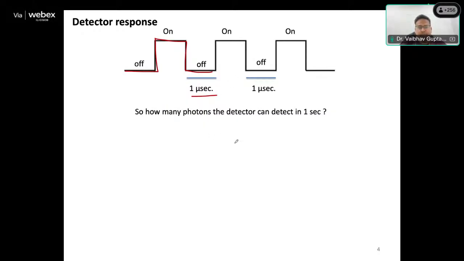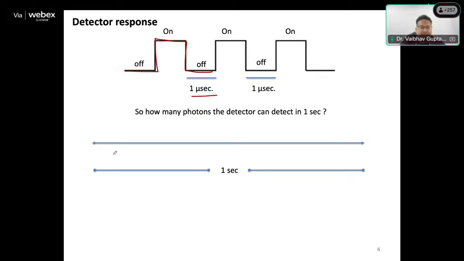We would like to know the number of photons which it can detect, and this has to be within a second. So suppose this is your 1 second time frame from here to here, right? Let's say the first photon comes and you detect this photon, then after 1 microsecond the second photon comes and your detector is able to detect it.